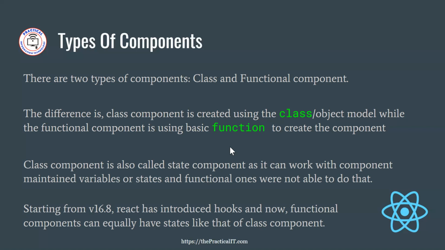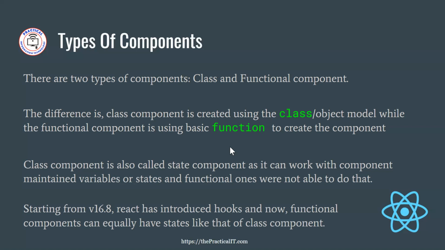So in the past, before 16.8, if you were going to have a React application, then chances are you might have a class component by default one way or another, because you would probably need a variable to be tracked, which is the state that we're going to be looking at.